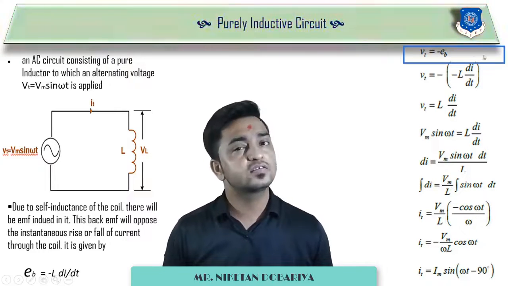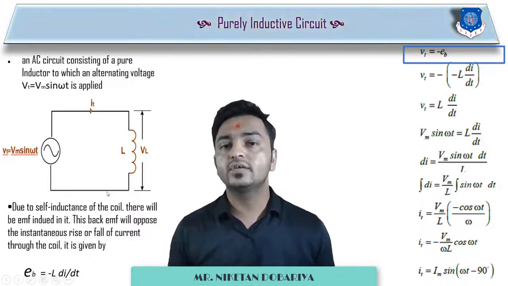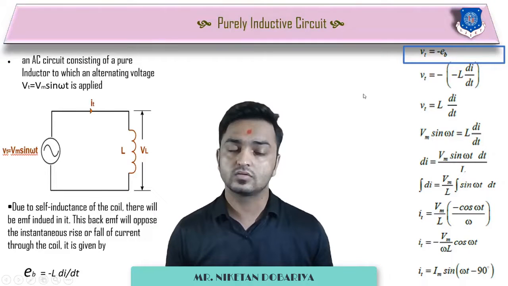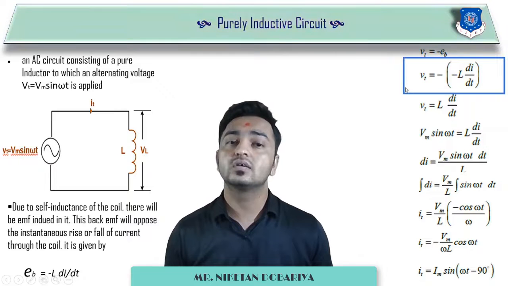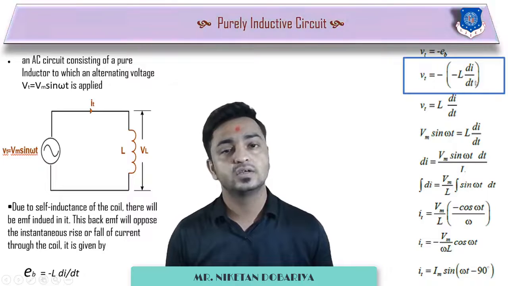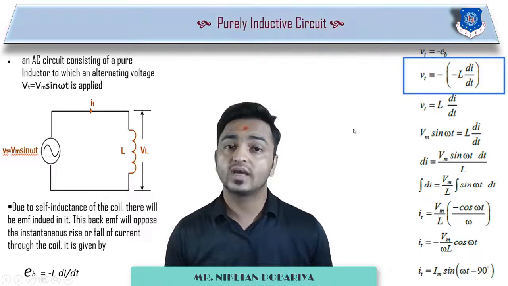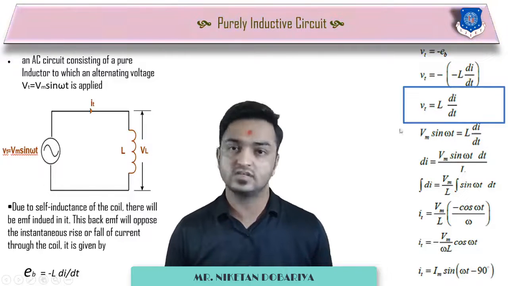By considering the equation Vt equal to minus Eb, if we put the value of Eb into this equation, we have Vt equal to minus into, in brackets, minus L di by dt. Minus and minus cancel each other, so we have Vt equal to L di by dt.